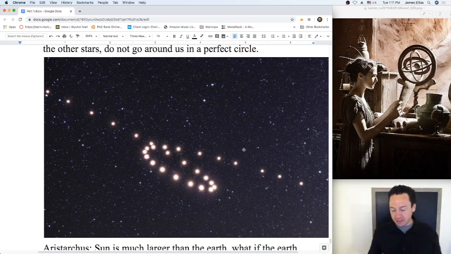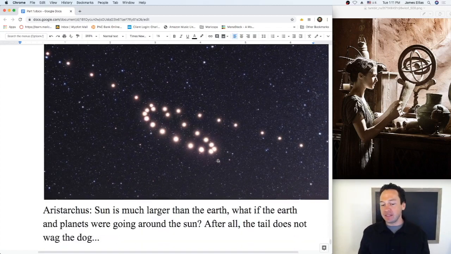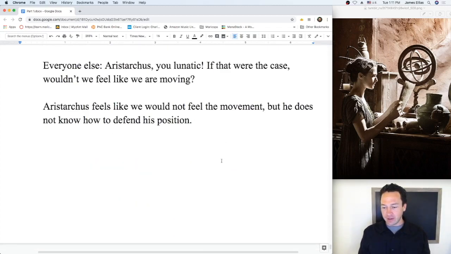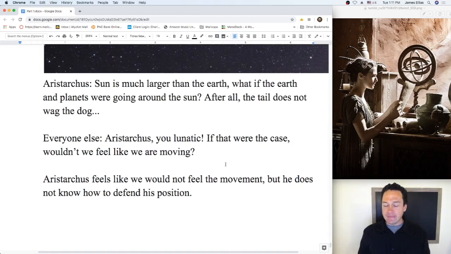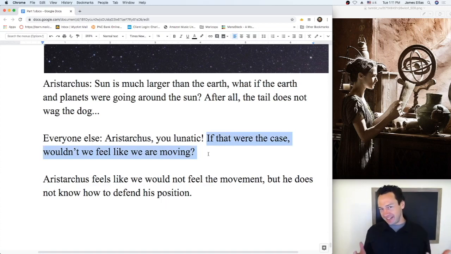Unfortunately, Aristarchus faced major opposition, both from people who just weren't thinking about it too hard, and also legitimate opposition. There was a very legitimate, wrong, but legitimate criticism. Here's the criticism. If we were going around the sun, then why don't we feel like we're moving?